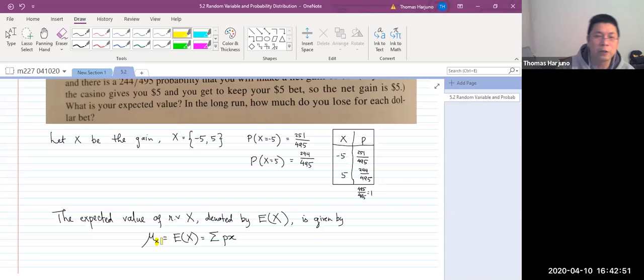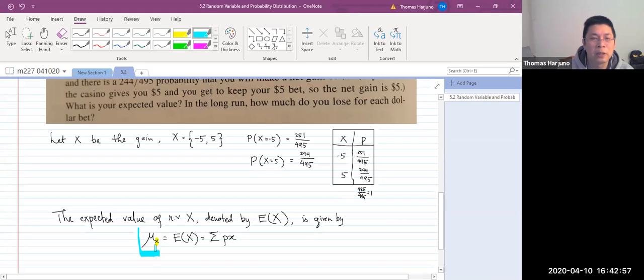If you use mu, or if you use the E expectation notation, capital E parenthesis capital X, that's the expectation notation. The reason this is also called mu of X is because the expected value of this random variable is the average. This is the mean of this random variable X if the experiment is performed many times.